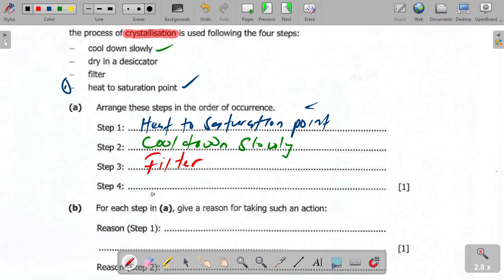And the fourth step is dry in a desiccator.